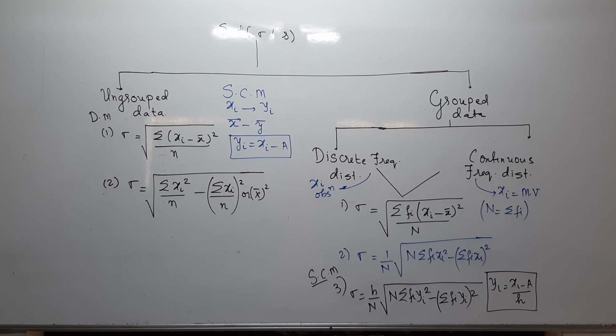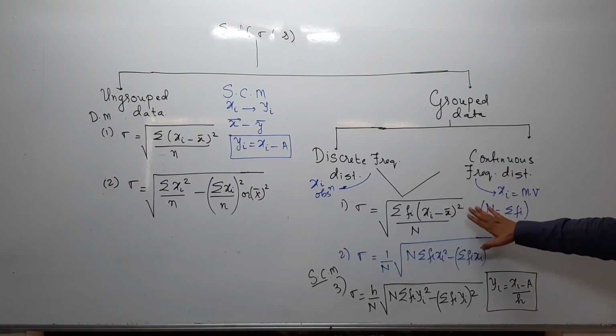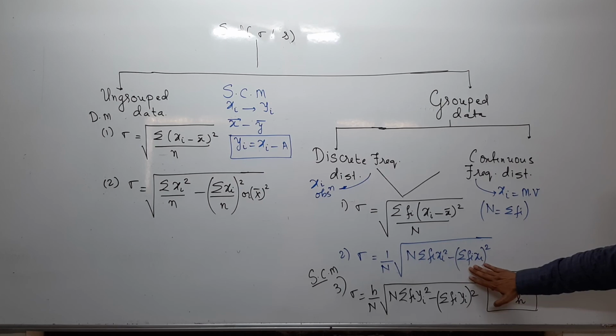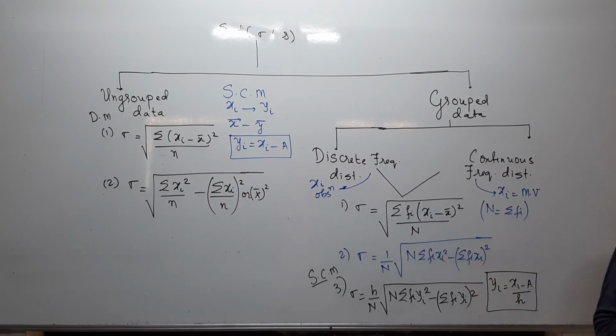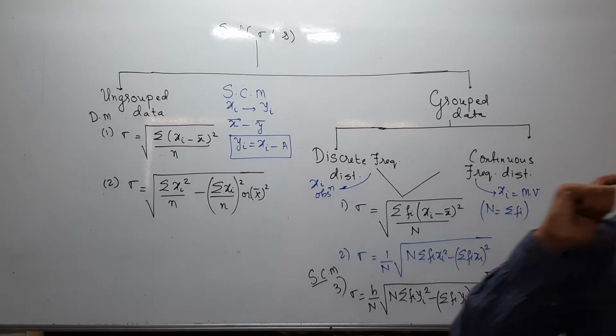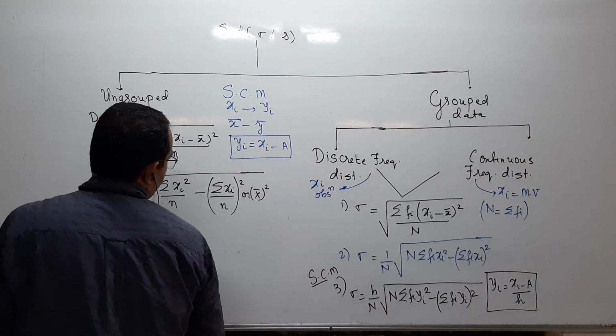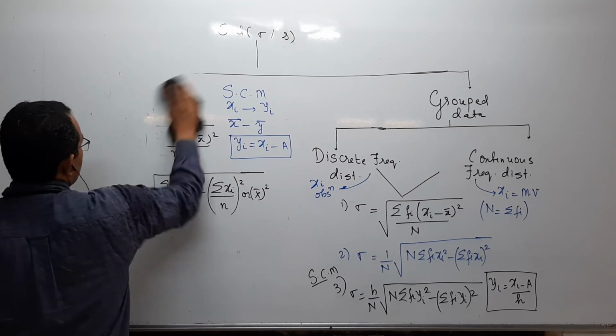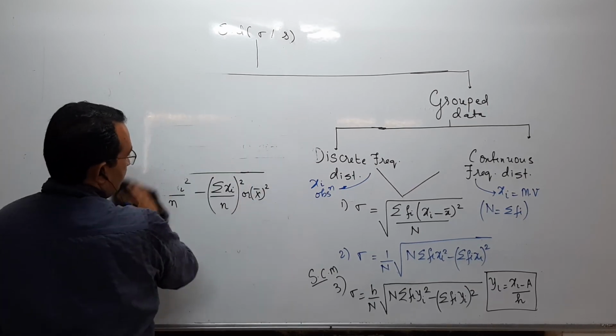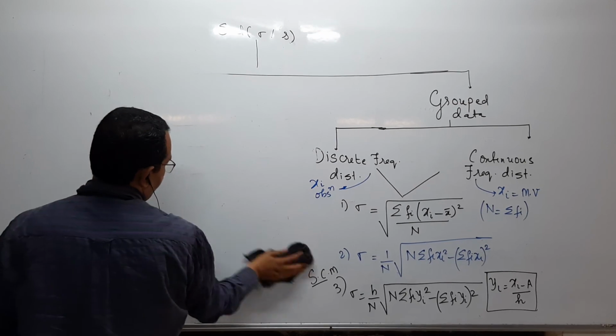So as far as continuous frequency distribution sums are concerned, I will be doing all the sums by shortcut method only, and logic remains same. To develop shortcut method formula from direct method formula, replace xi by yi and replace x bar by y bar, where yi is equal to xi minus a upon h. If we divide by h, then we have to write h by n.